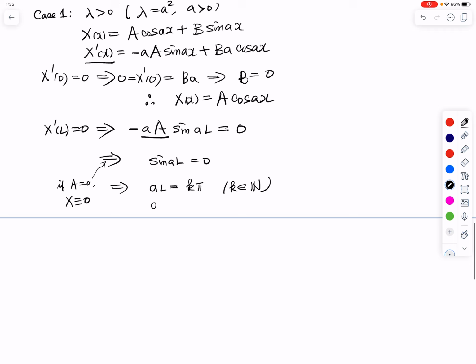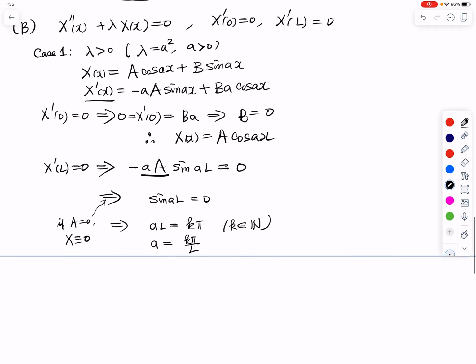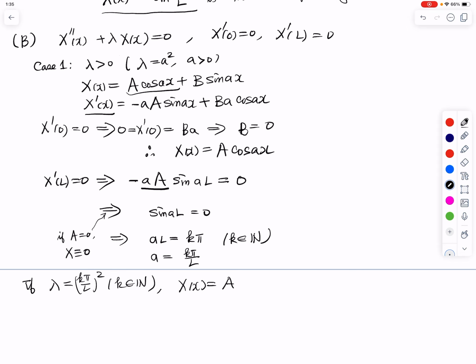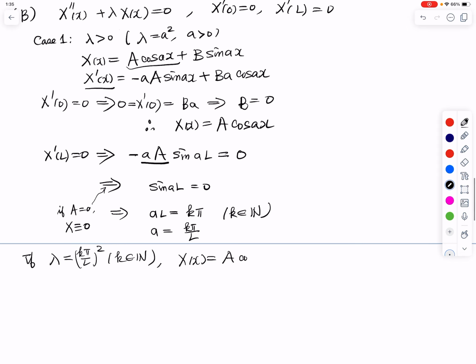Therefore, we have a equals k pi over L. So if lambda equals k pi over L squared, k an integer, then x(x) becomes a times cosine k pi x divided by L. This is what we have.